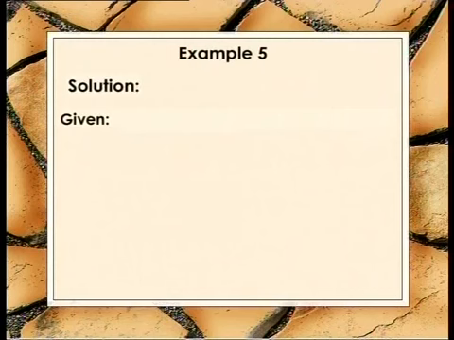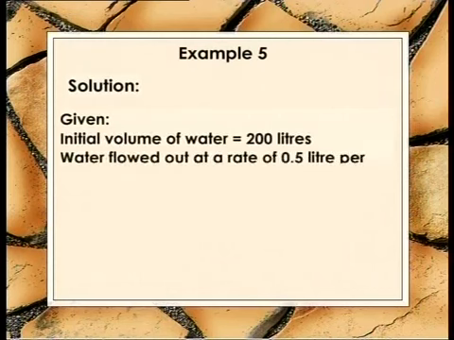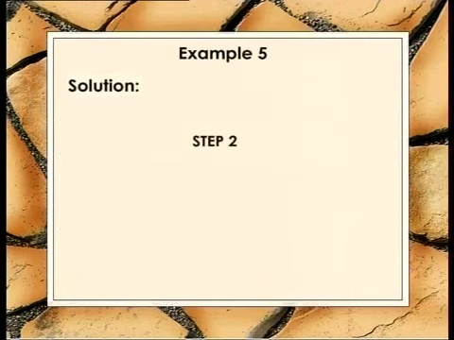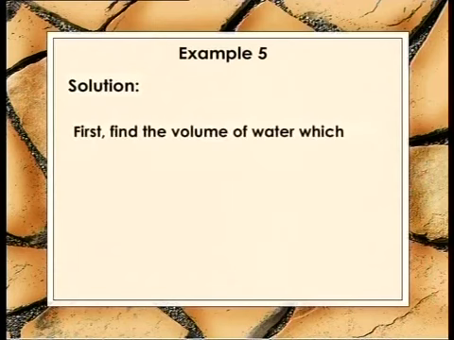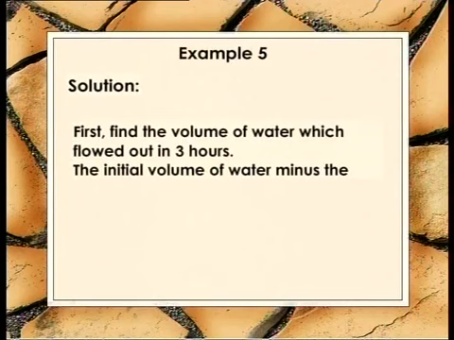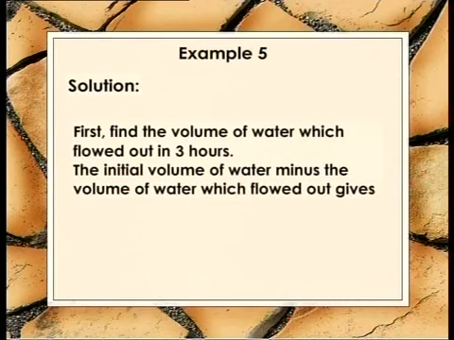Given initial volume of water equals to 200 liters. Water flowed out at a rate of 0.5 liter per minute. Find volume of water in the tank after 3 hours. Step 2. Devising a strategy. First, find the volume of water which flowed out in 3 hours. The initial volume of water minus the volume of water which flowed out gives the remaining volume.